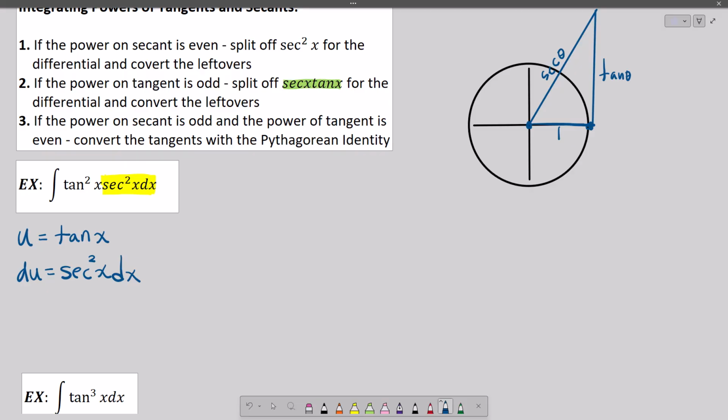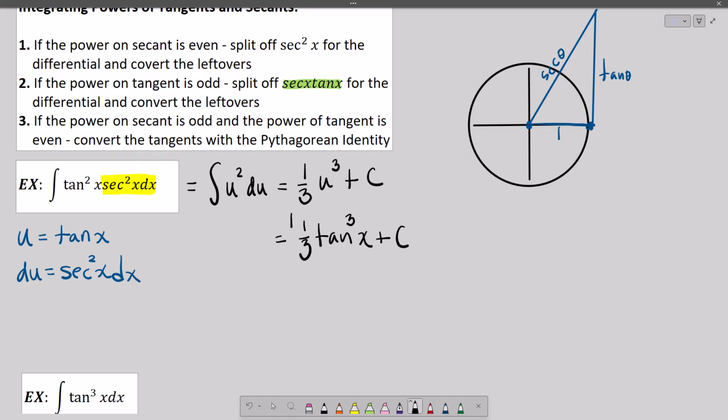So that tells us that this whole integral can be rewritten as the integral of u squared du. See that? So the du is grabbing everything in yellow. And now we can do our regular power rule. We get u cubed over 3 plus c. And then we do our back substitution, and we plug tangent in for the u. So we get tan cubed of x plus c.